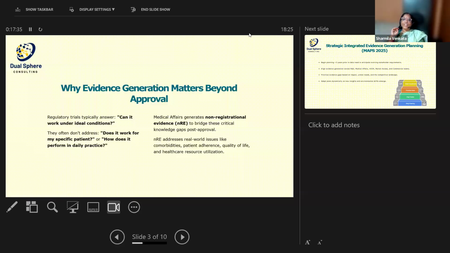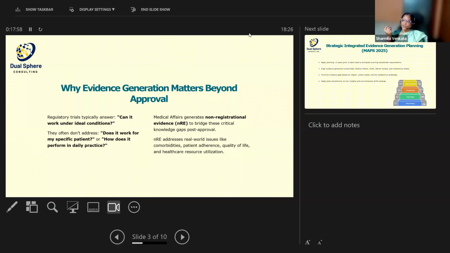So, here, clinicians want to know, will it work for my patient population with all their differences in age, health conditions, and lifestyle? And if it comes to payers, they want to know, will it deliver enough value to justify its cost compared to other available options?